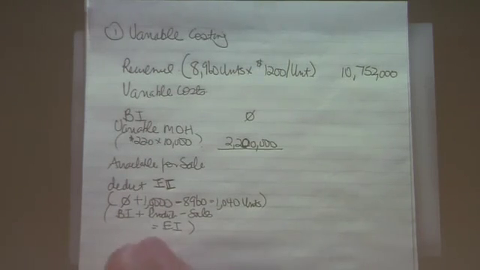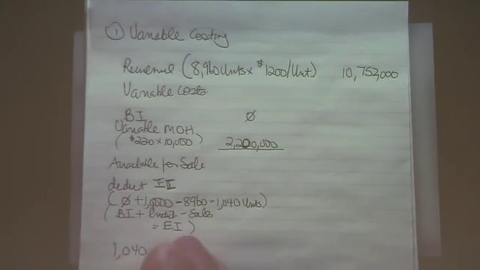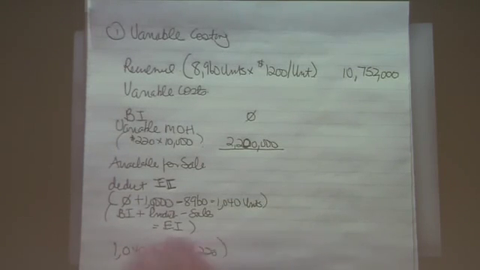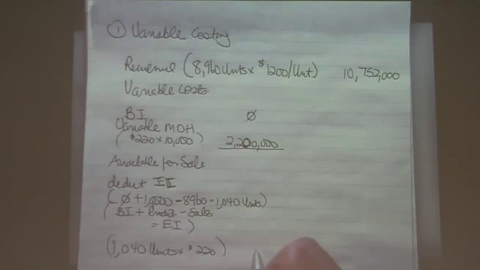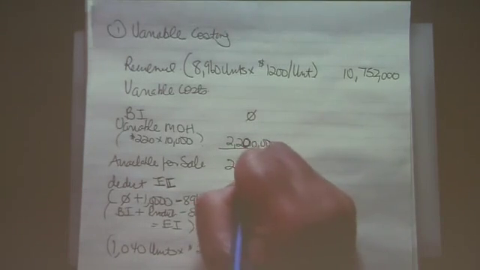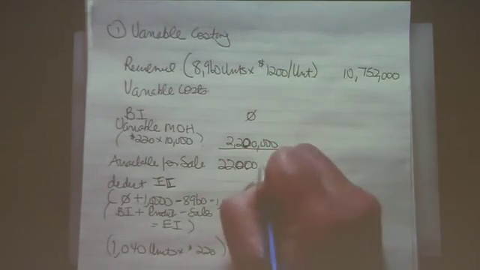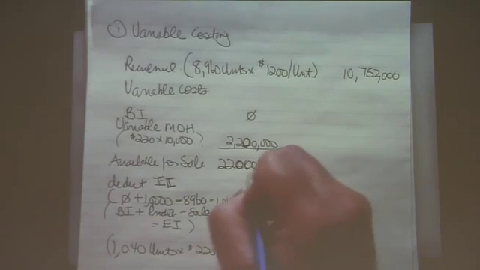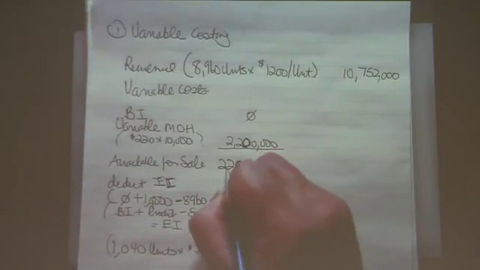So we're going to take 1,040 units times 220 per unit to give me 228,800.